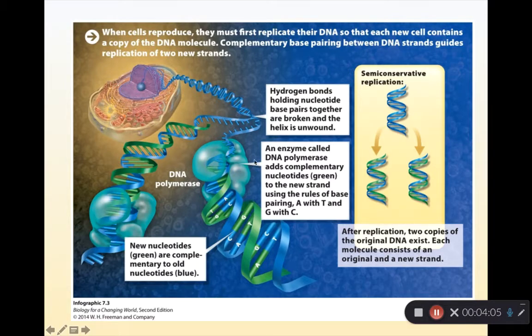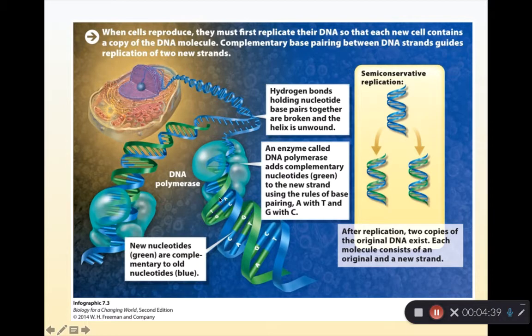DNA is unwound, these base pairs are broken, and a very important enzyme called DNA polymerase, we know it's an enzyme because of this ase ending, goes through and reads the bonds that are left over on one side of the DNA and adds the complementary nucleotides.